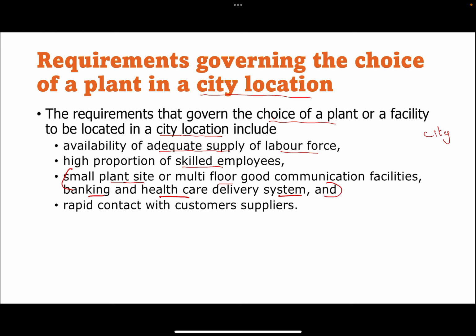Okay, but you cannot have big plant facilities because the land is very costly, and you can set up only either a small plant size or a multi-storied building. In the city you can easily avail banking and healthcare services also. Here you can have rapid contact with customers and suppliers.